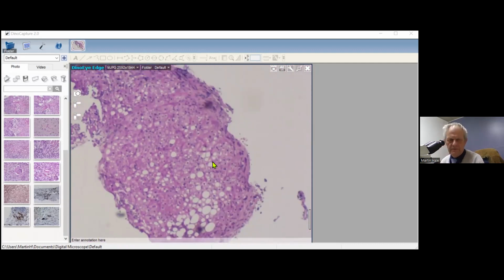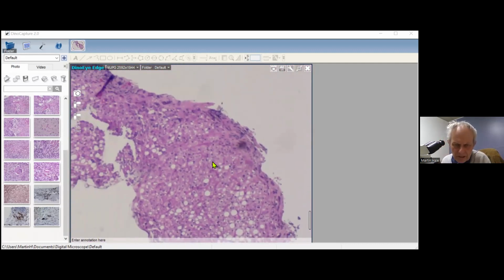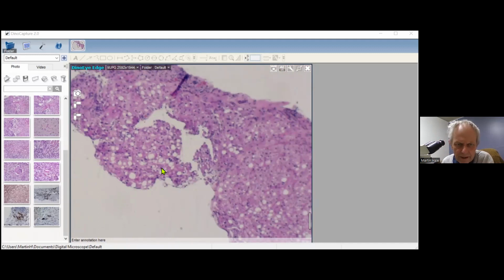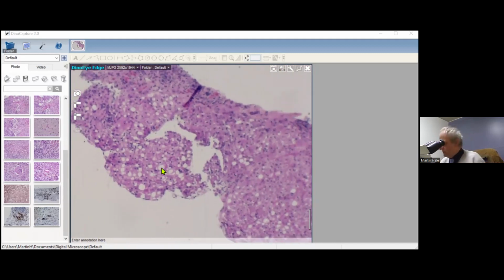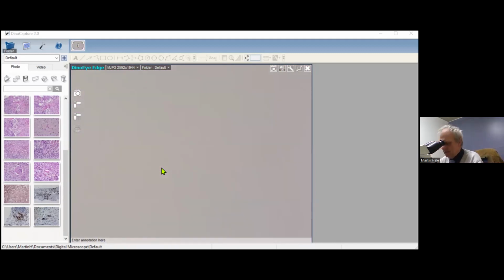But if you see here, for example, you've got fibrous connective tissue here, and you've got more fibrosis there. I won't waste your time. I'll go straight to the Masson, or the Sirius red, to get better contrast.